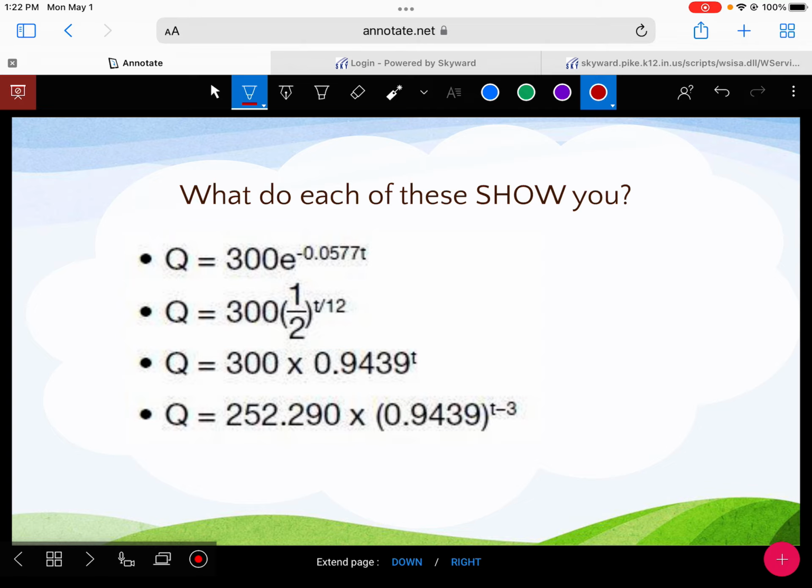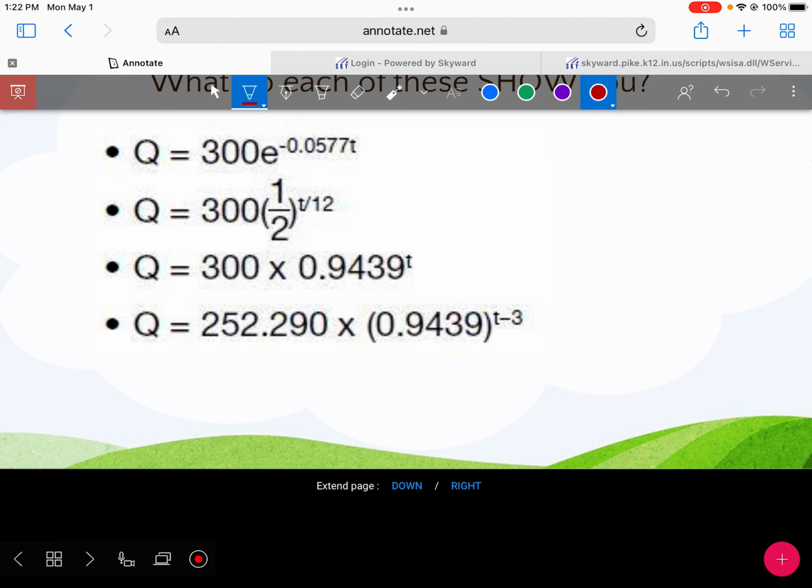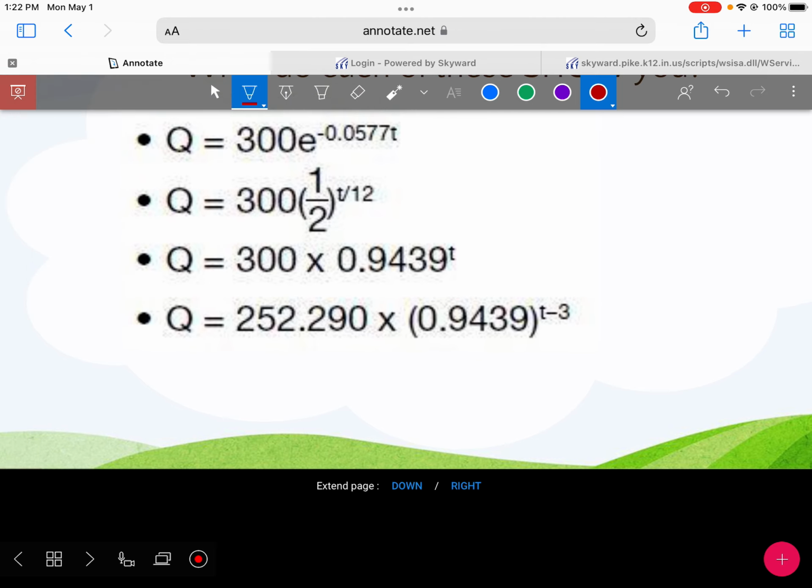So, what do each of these show you? What are the important aspects that we are given or told from each of these different points of view? These different equations. So, in equations 1 through 3, what does that tell us?